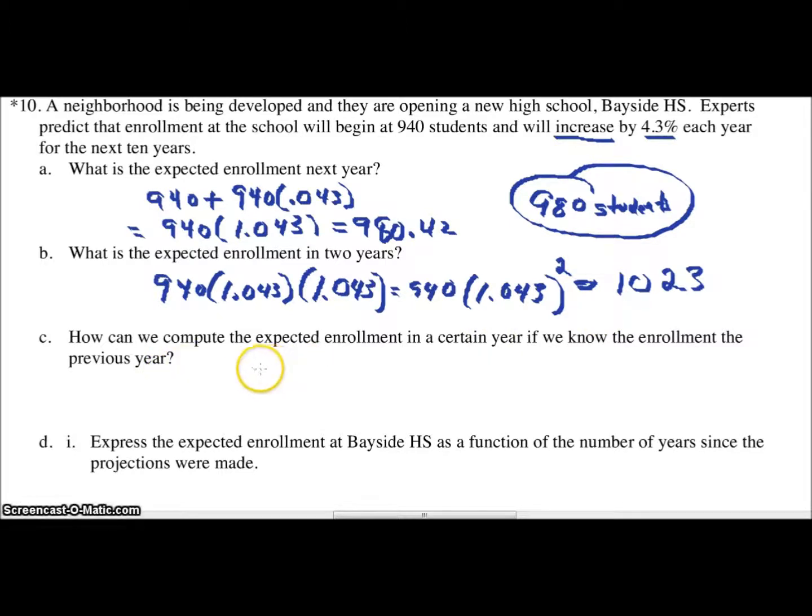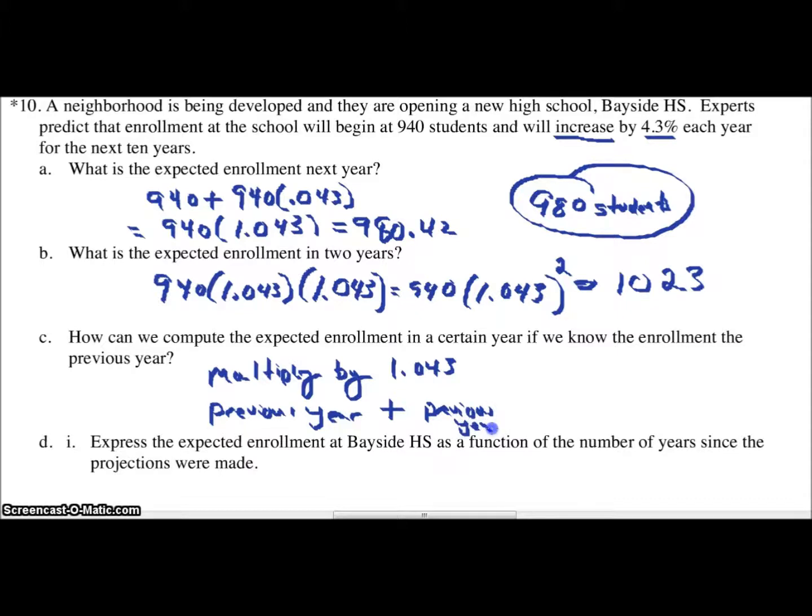How can we compute the expected enrollment in a certain year if we know the enrollment from the previous year? Well, we could always just multiply by 1.043, or you could take the previous year and add the previous year multiplied by 0.043, whichever way makes sense to you.